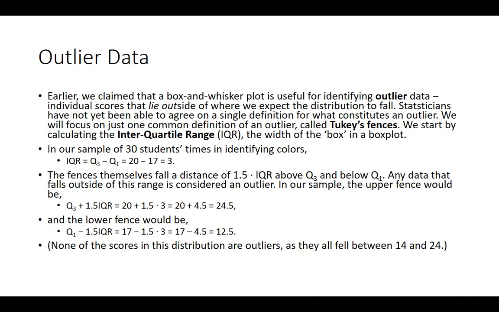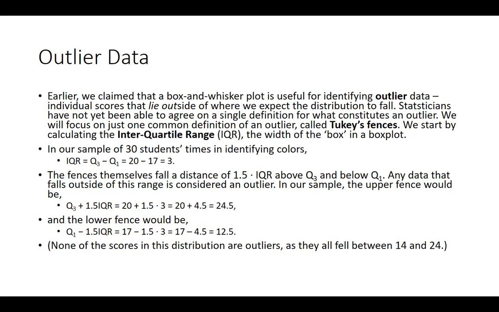We will focus on just one common definition of an outlier, called Tukey's fences. We start by calculating the interquartile range, that's IQR, and that's the width of the box in a box plot. In other words, the range just from quartile 1 to quartile 3.